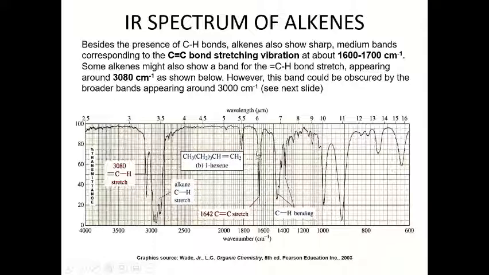And some alkenes may also show a band for the double bond C and single bond H when they are terminal alkenes, right? Appearing around 380 inverse centimeters, as you can see here.